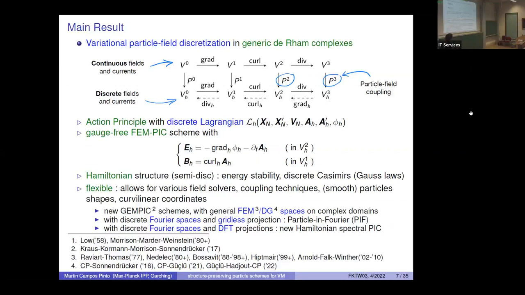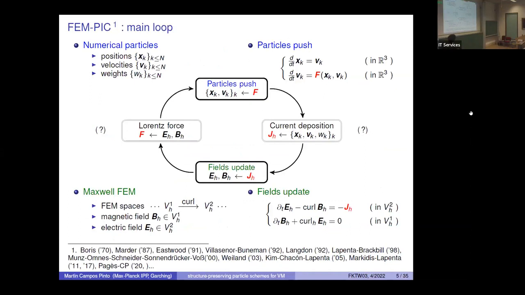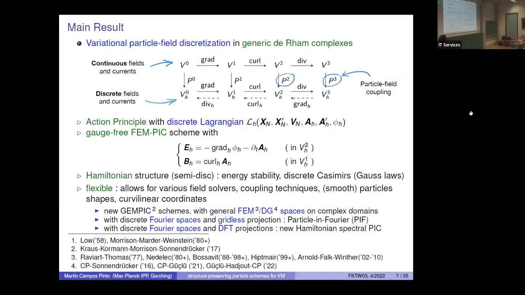And when you want to compute, for instance, the current density, you will want to project in a discrete space, for instance in V2, the continuous current density that you can compute from the particles. Okay, maybe with some smoothing or not.